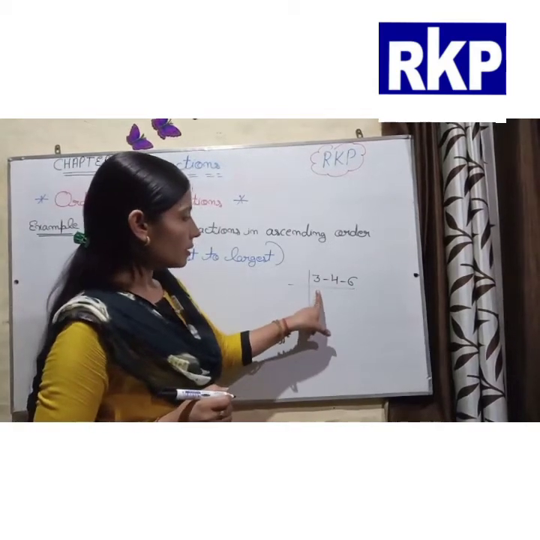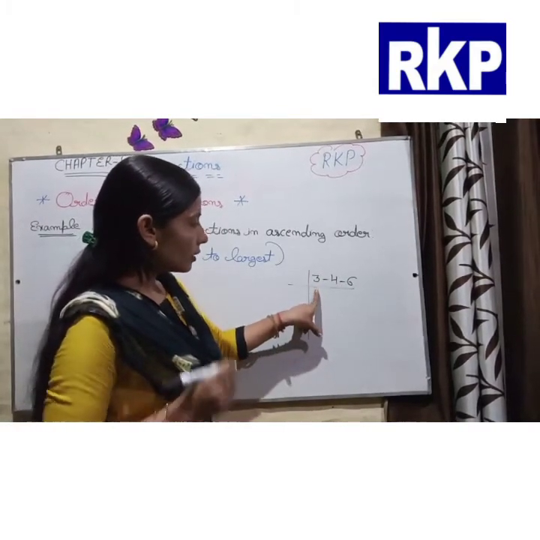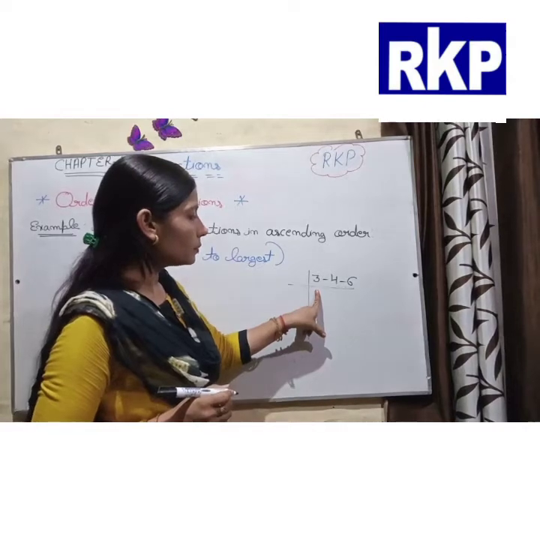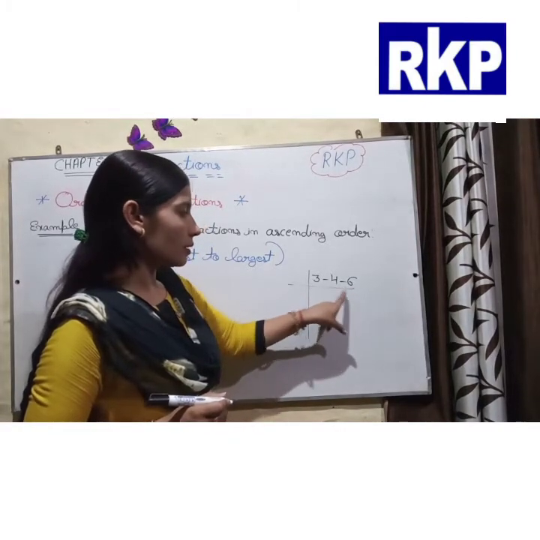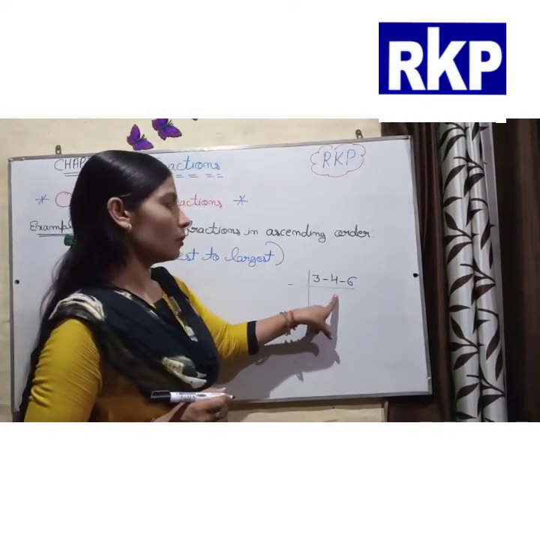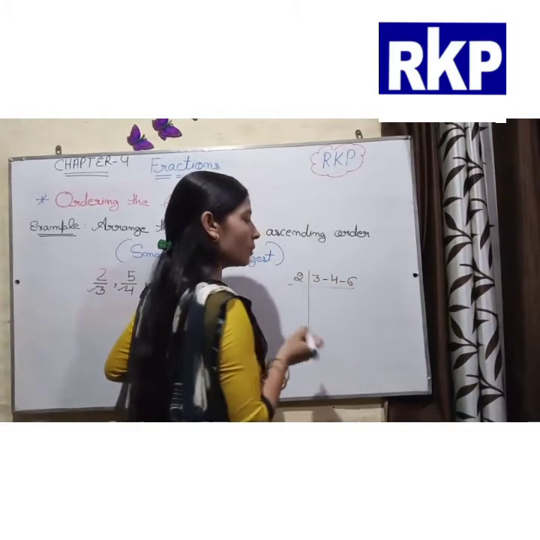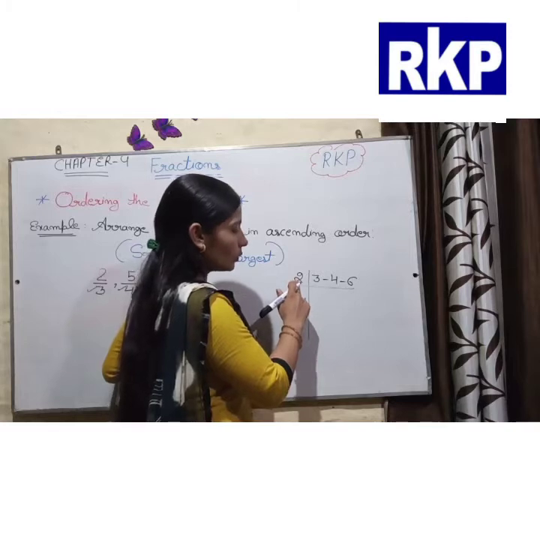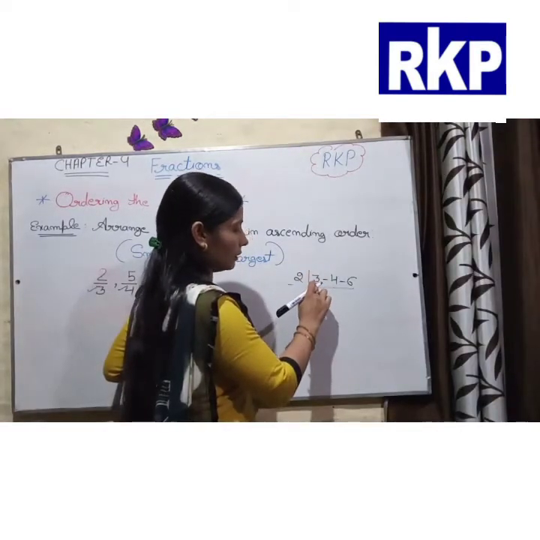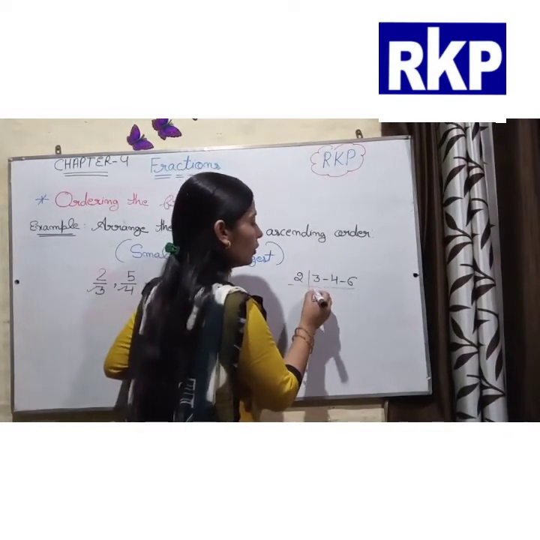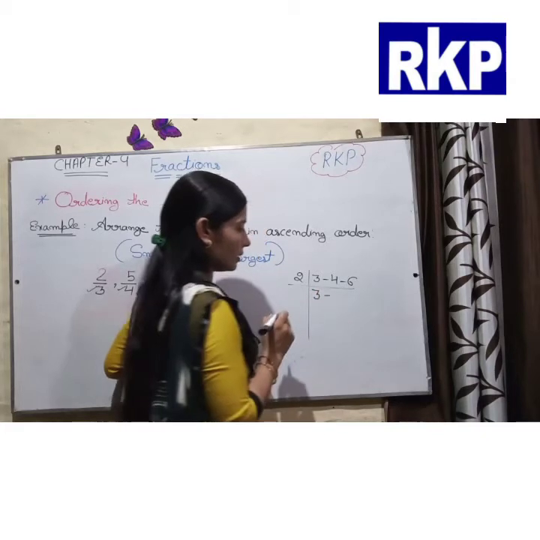Now here we can see 3 is a prime number, but 4 and 6 both are even numbers. So we can divide 4 and 6 by 2. So write here 2, but we cannot divide 3 by 2. So write here as it is.